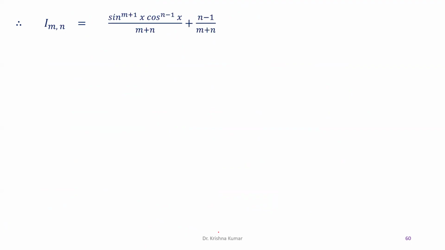Therefore, Imn is equal to sine to the power m plus 1 x into cos to the power n minus 1 x upon m plus n, plus n minus 1 upon m plus n into Imn minus 2.